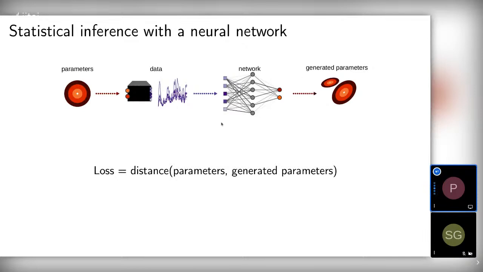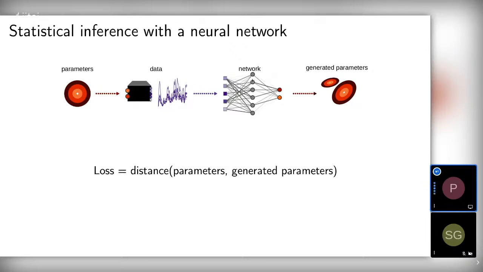And now you have a network where you give it the data, which is the surface wave, and it will spit out a guess for what the parameter is that generated this data. So it will generate a few parameters for you. Okay? So now your neural network is doing inference in that it is guessing what the parameters are that generated a particular data. Okay?